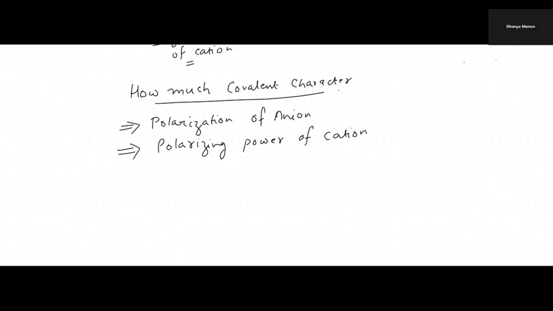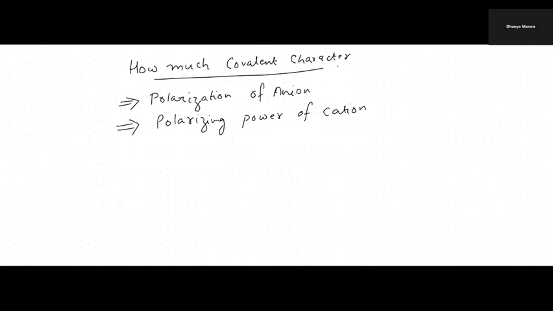Okay, so how much covalent character the ionic bond gets depends upon two factors: polarization of anion, how much it has got polarized, and polarizing power of the cation.